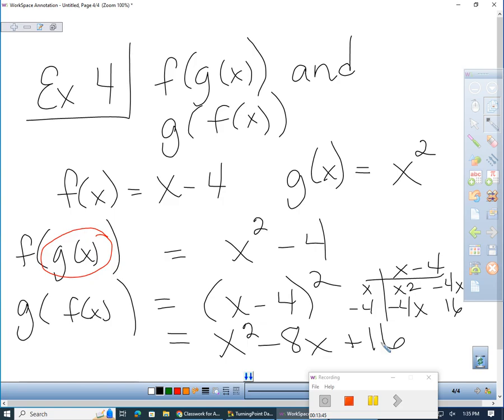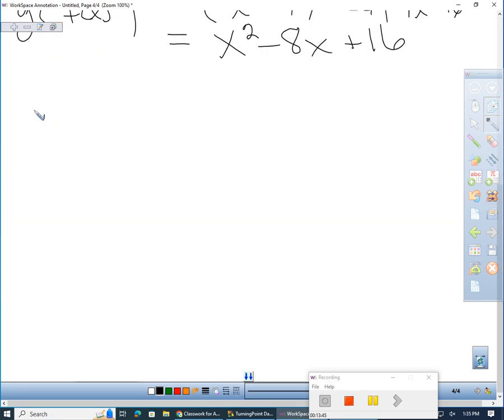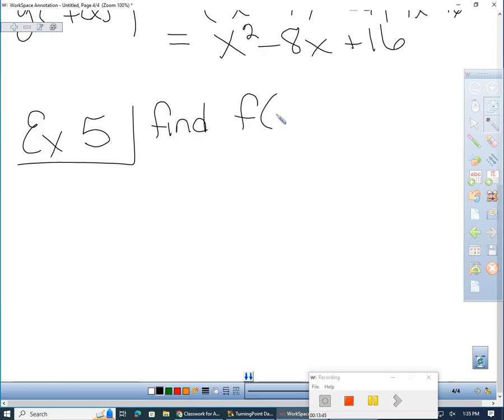I would like to do one more like this, and then I'll be done. Okay? And that'll be it, since we're only going to go to 21. All right, so example number 5. Again, we are going to find f of g of x and g of f of x.